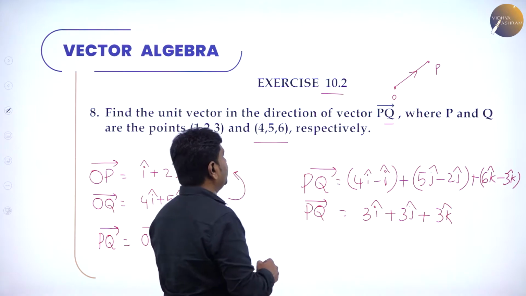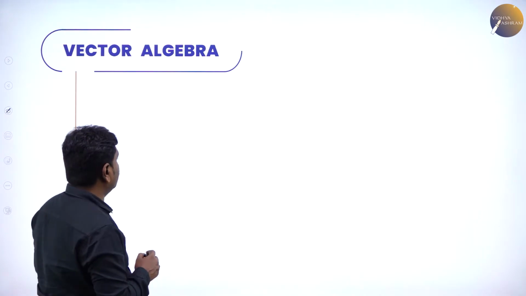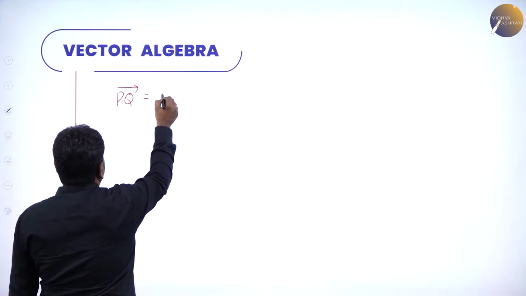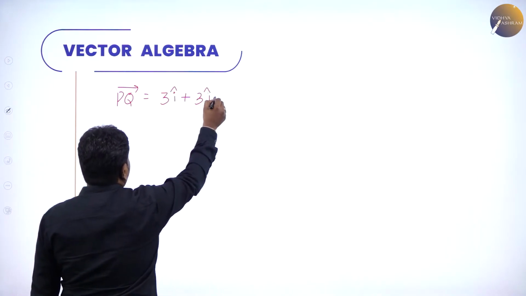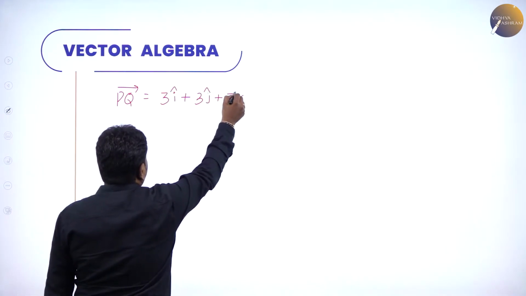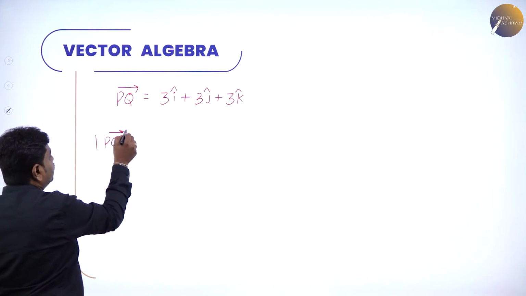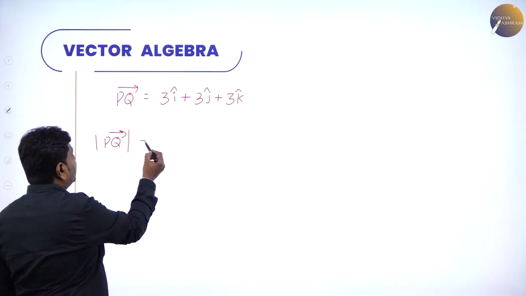But they want you to find the unit vector in the direction of PQ. So all of you know, just now you got the PQ value. What is the PQ value? 3i cap plus 3j cap plus 3k cap is the vector value. Now find the magnitude of PQ. We read this as the magnitude of vector PQ. How to find magnitude?